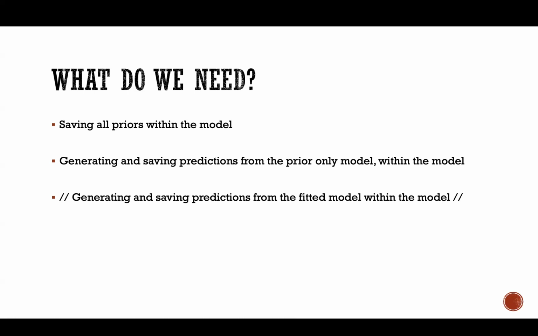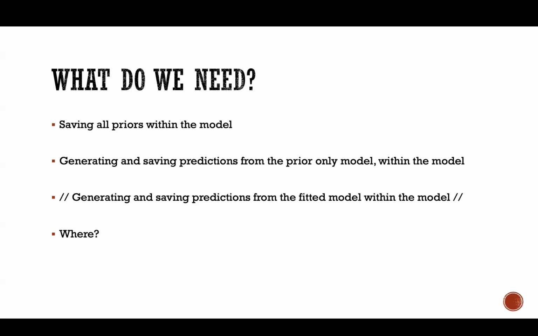So that we have, before the model has seen the data, what does it expect about its participants, about the behavior that it's trying to describe, and after it has seen the data, how have these predictions changed? And how do they relate to the empirical data?